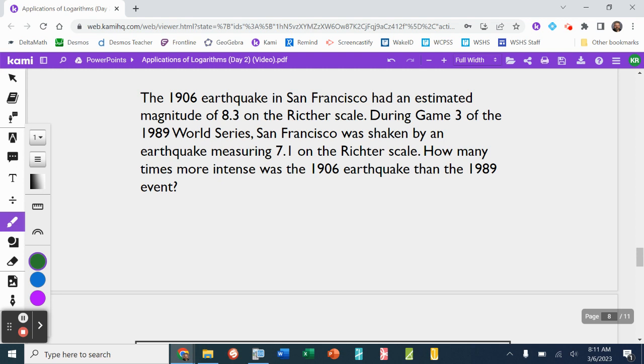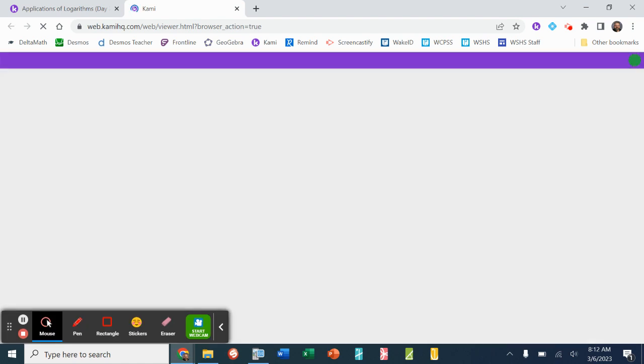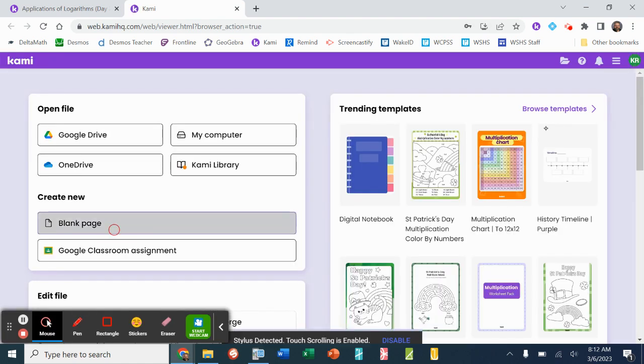But what we have to remember is that on the Richter scale, a difference of one magnitude is actually a difference of times 10 in intensity, because it is a logarithmic scale. I'm going to open a new document because we're not going to have room to complete this on those slides.